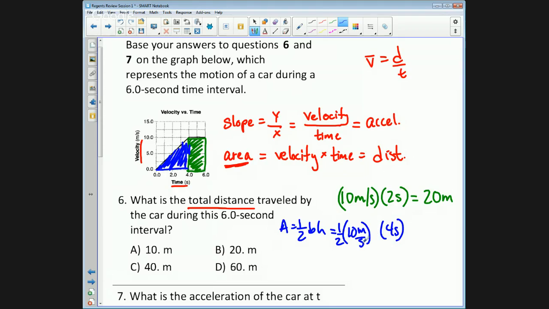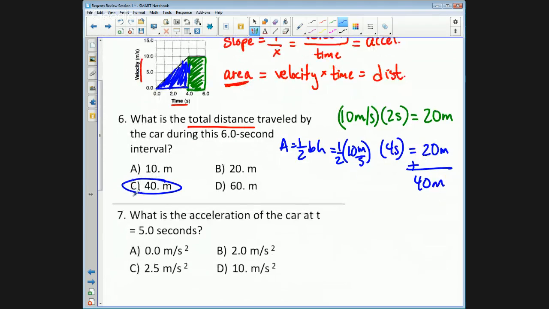So 1/2 times 10 is 5 meters per second. 5 meters per second times 4 seconds equals 20 meters. So we have 20 meters for the triangle, 20 meters for the rectangle. So the total distance traveled is 40 meters. That would be choice C for 6.